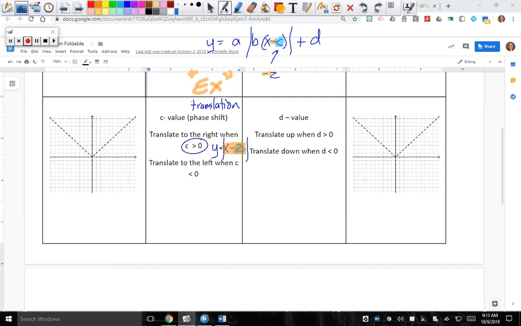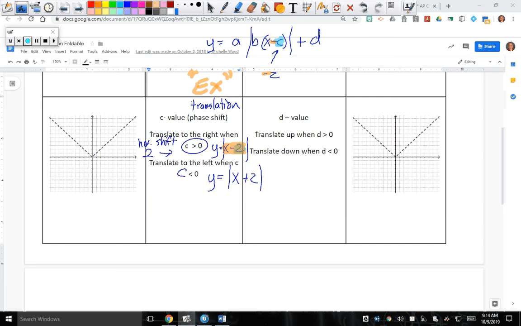So this is going to be a horizontal shift or translation if you want, 2 to the right. And let's say C was negative. And again, I know this looks confusing, but you could have an example that looks like X plus 2. Technically, right now, C is negative. Do y'all know what the number is? Negative 2.